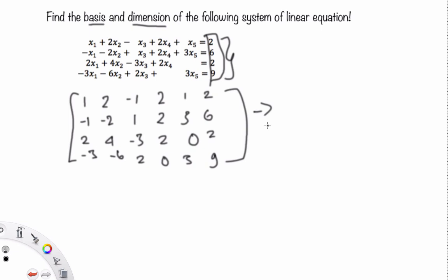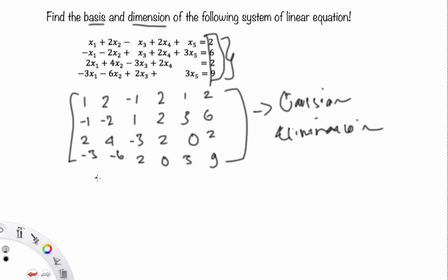After we got it, we have to continue to the next process, which is Gaussian elimination. Based on the Gaussian elimination, we have to operate using type 2, type 3, type 1, and type 3.